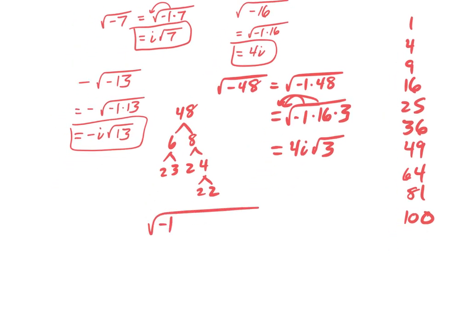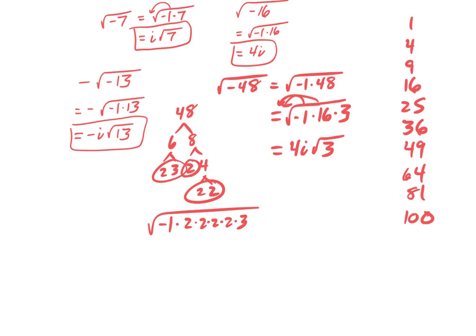If you would have done it this way, and I'm going to show you this way also. We have 4 2s and a 3.